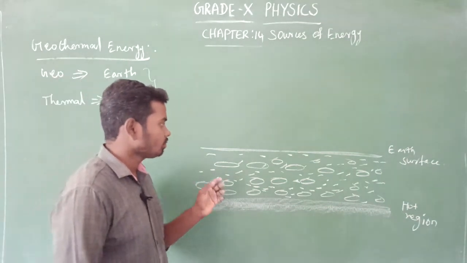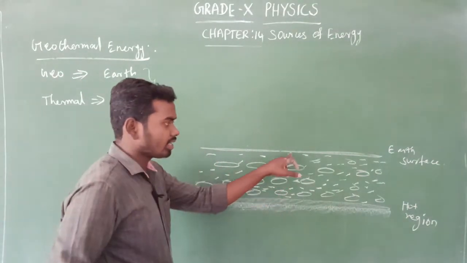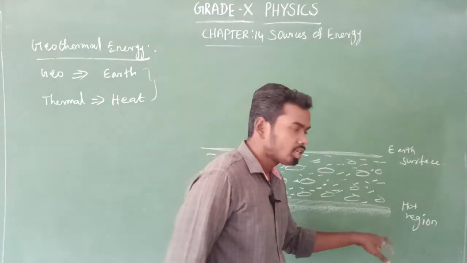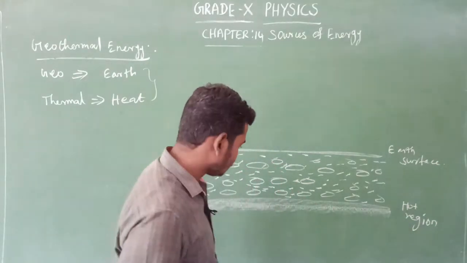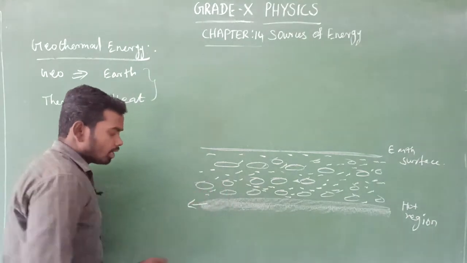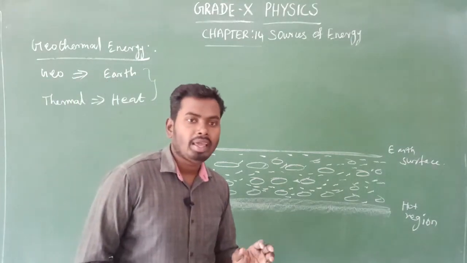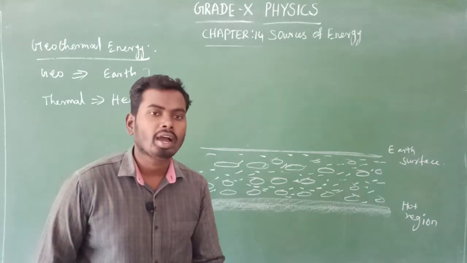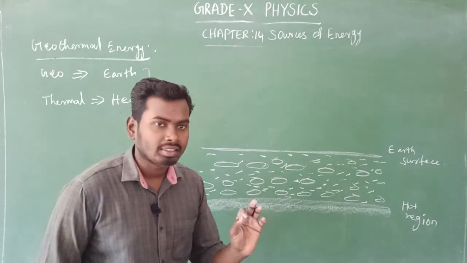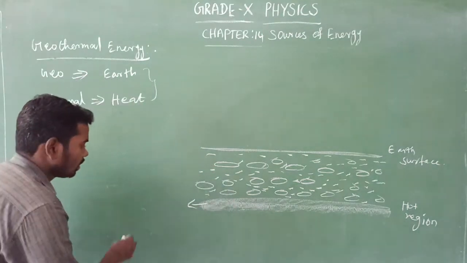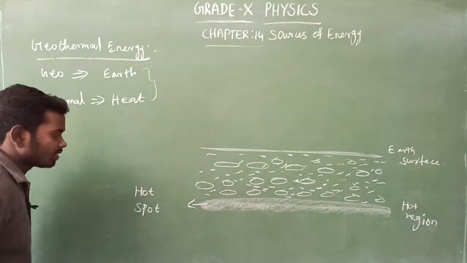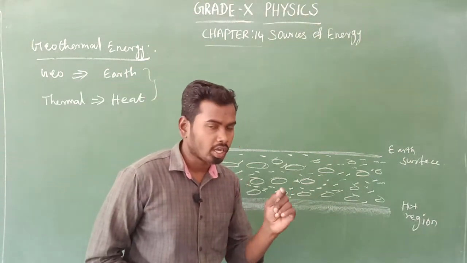Okay, yes, look at here. This is earth surface, and this is hot region. Is it clear? Yes. Come to this point. The place where the temperature level is very high inside the earth, that is called hot spot. Look at here, note my word.